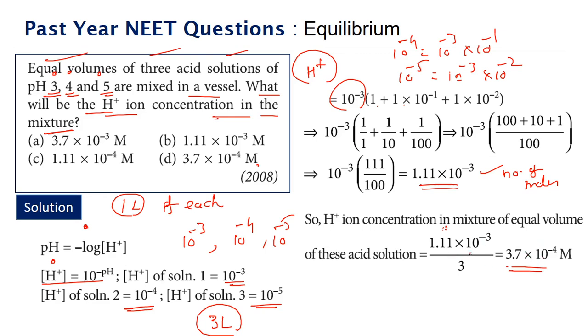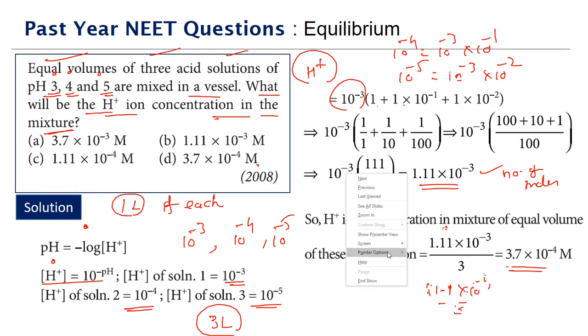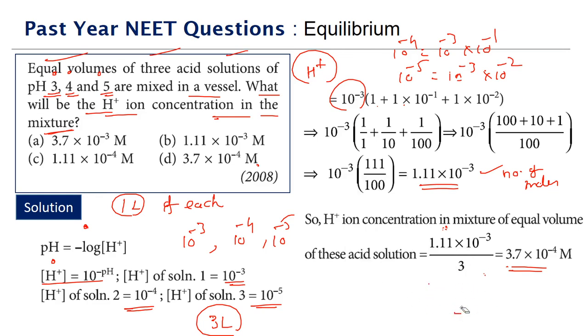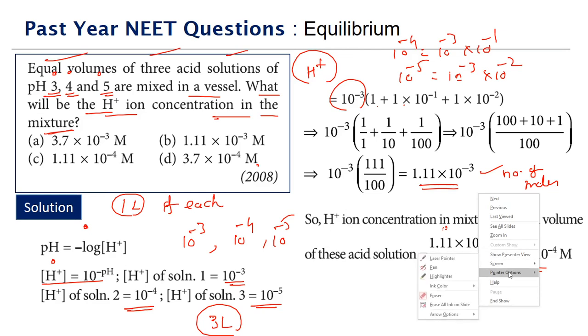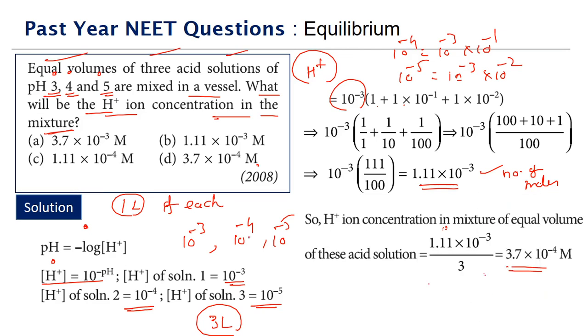So this can be written as 11.1 into 10 to the power minus 4 by 3. I'll just rub it off. For the division, we can write it as 11.1 into 10 to the power minus 4 by 3.